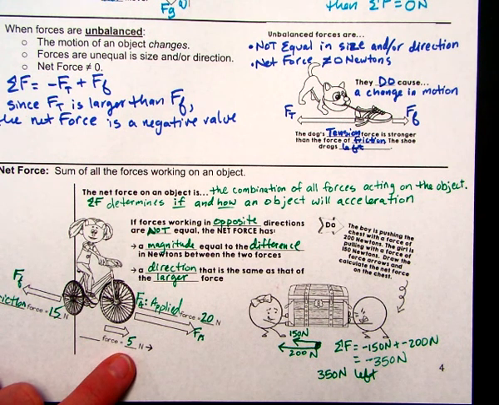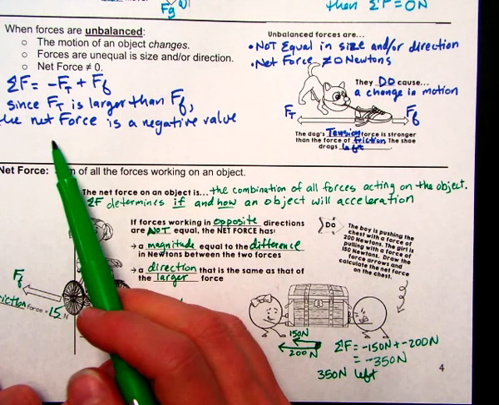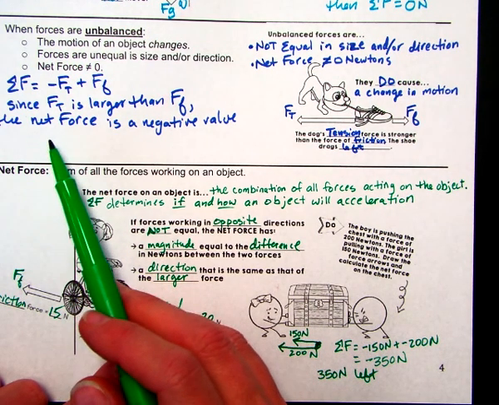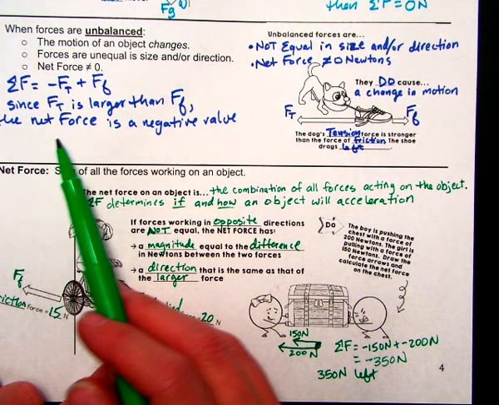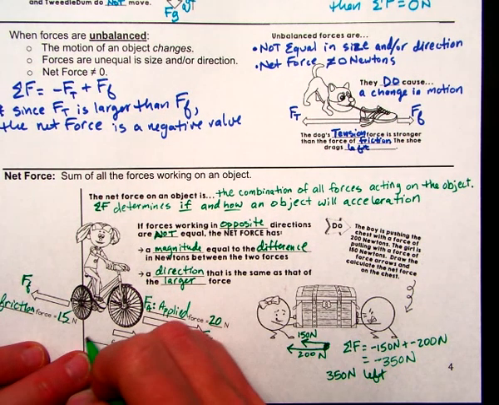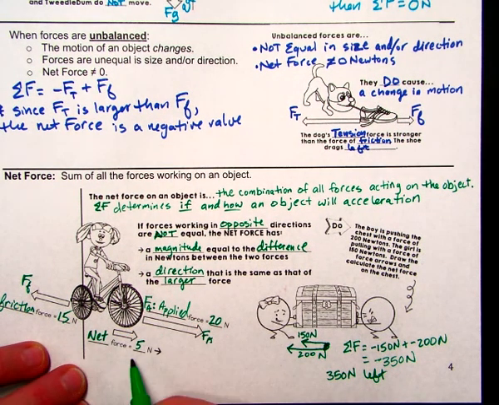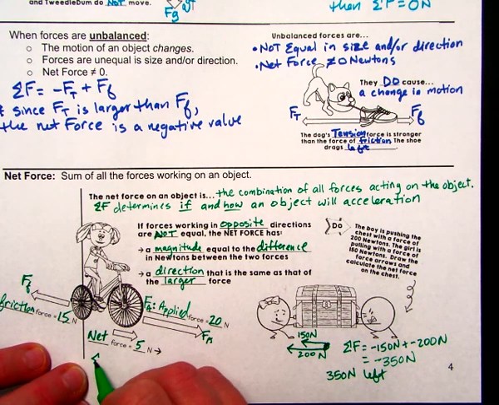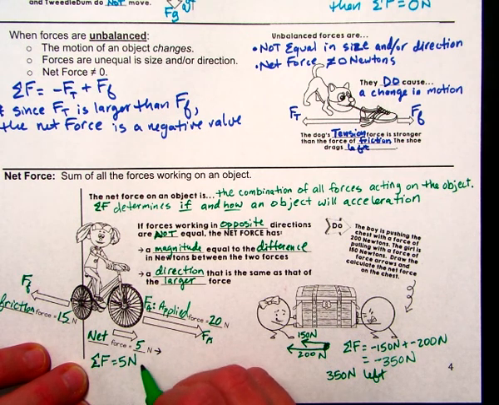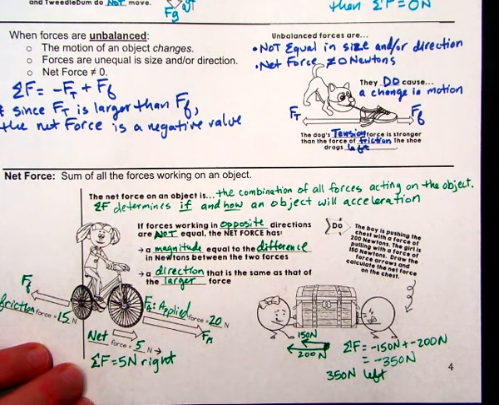The sum of the forces. What's another name for the sum of the forces? The net force. Good job. So the net force is 5 newtons, so the net force equals 5 newtons to the right.